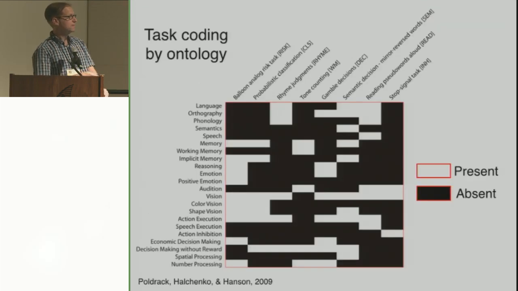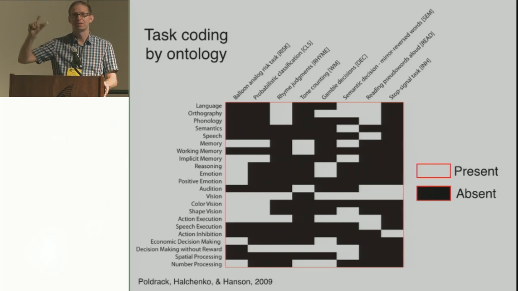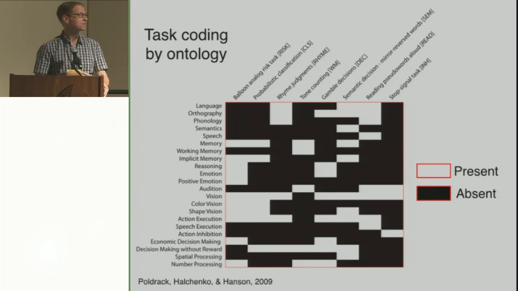Next. So here's what that task coding looks like. Each column is a task. These are 8 different tasks. And in each case, we just have a contrast between task and a resting or fixation baseline. And then we took a bunch of these very rough features that were taken from the brain map behavioral domains ontology, and we coded each task as to whether we thought it involved that particular psychological process.